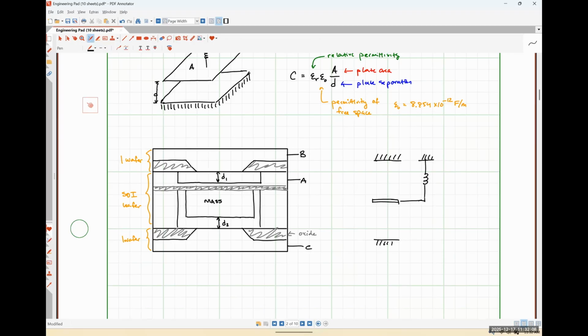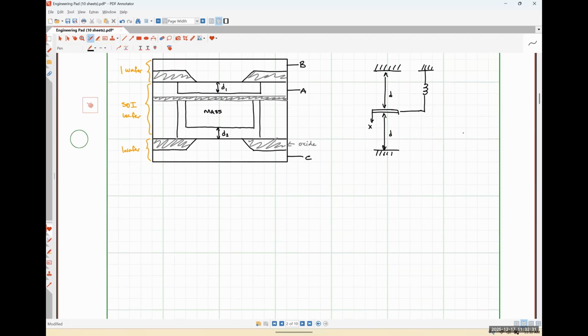And this plate is allowed to move in this direction so that this distance D is going to get larger as this plate moves down. And this other distance, also D, if we set it up to where these distances are equal, will get smaller as the plate goes down.